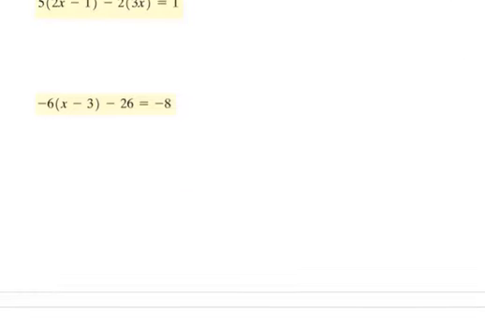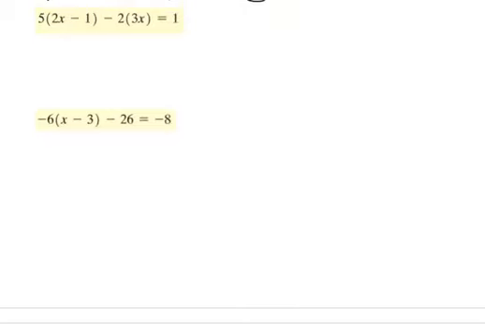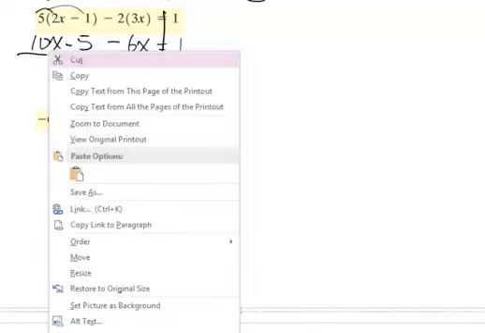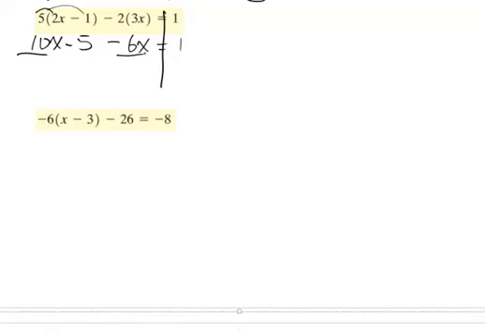So in this next problem that I have here, again, I'm going to go ahead and draw my line coming down. I'll distribute my 5. So 10x minus 5 minus 6x equals 1. We can go ahead and combine our like terms. 10x minus 6x is a 4x minus 5 equals 1.